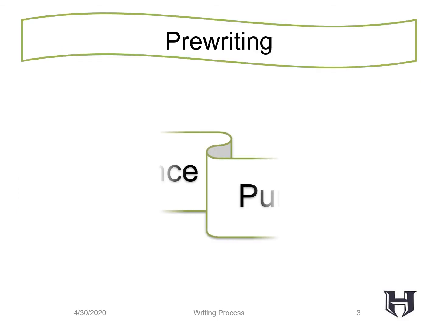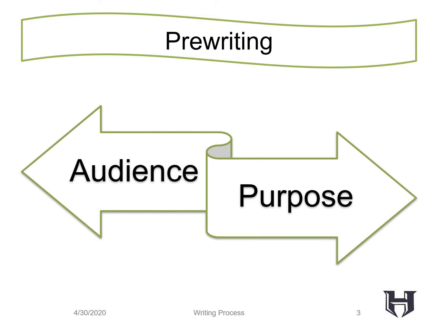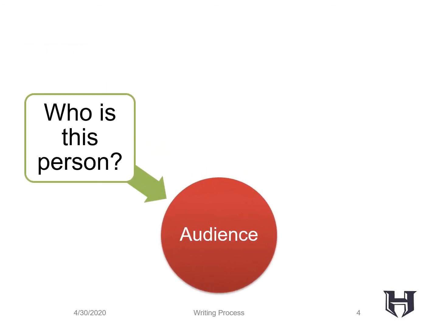In pre-writing, you must consider two things: your audience and your purpose. For the audience, who is this person? Are you writing to your teacher? Are you writing for publication in a book or a journal? Are you writing an email to a friend?